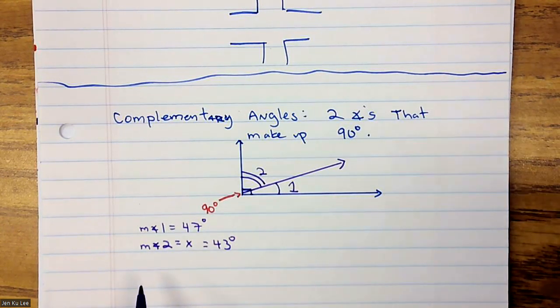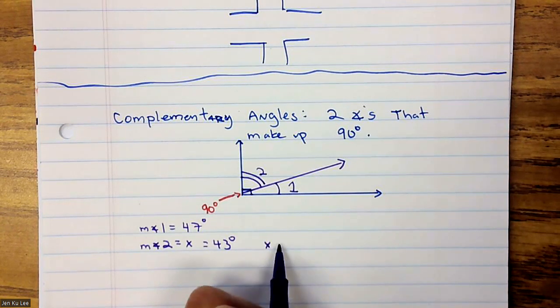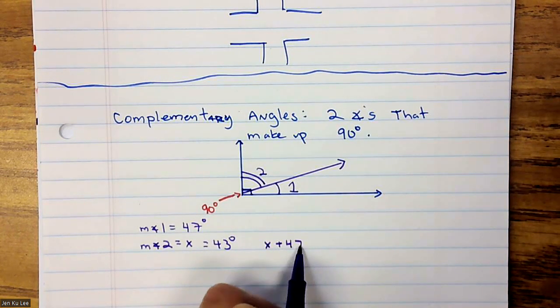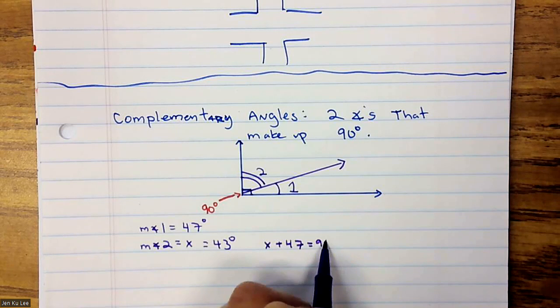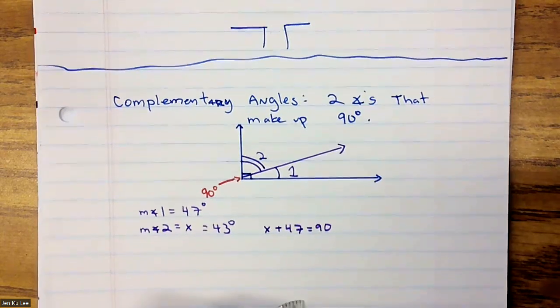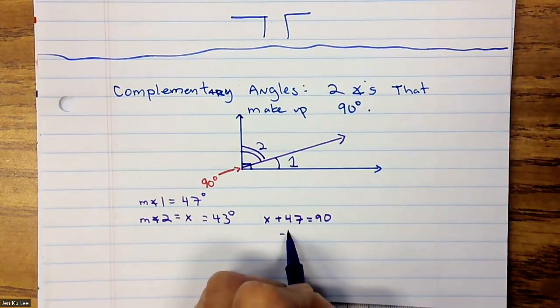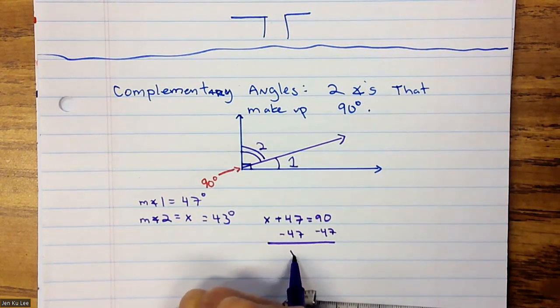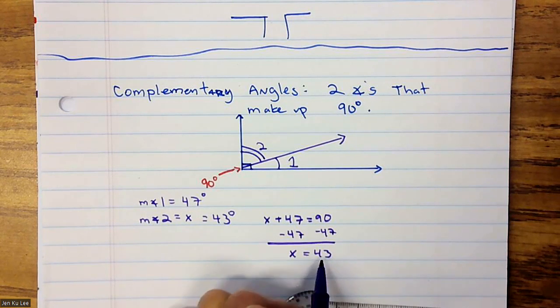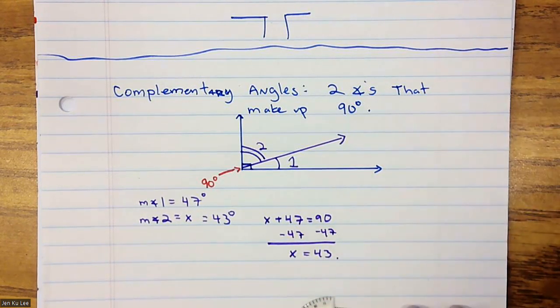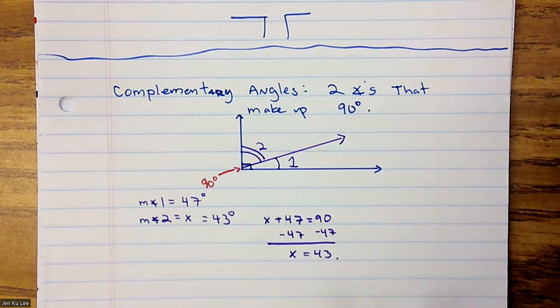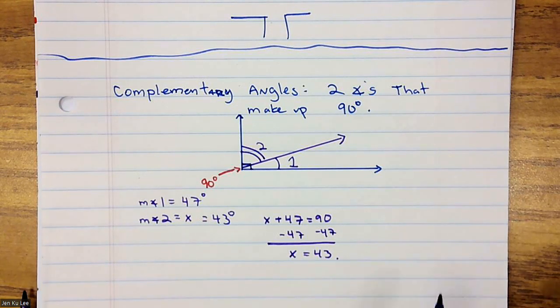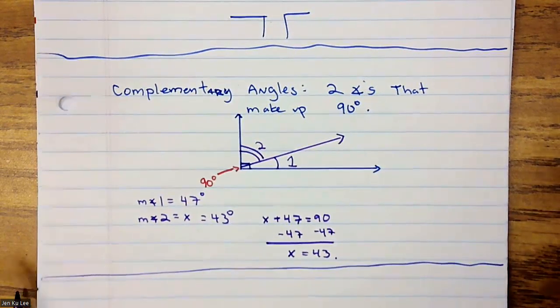The math behind that would be x plus 47 equals 90, and you would just subtract 47 on both sides. So x equals 43. Nice, simple, easy. Next one.